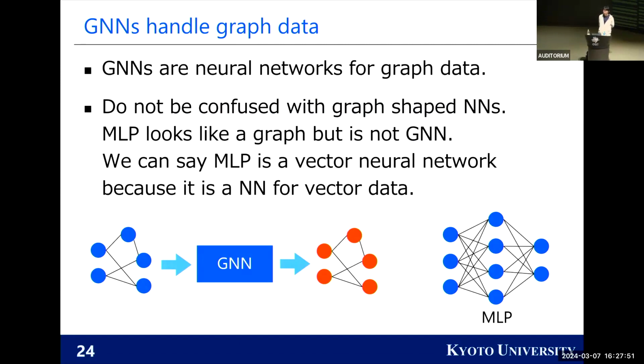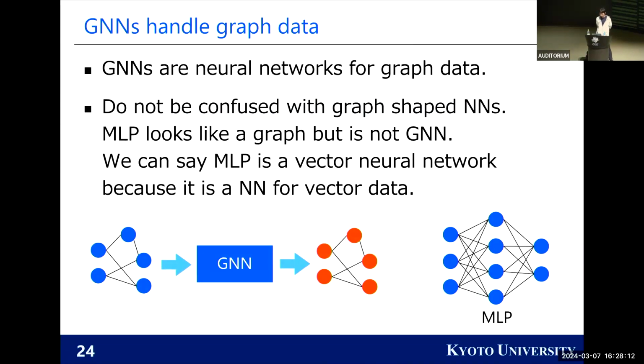MLP, multi-layer perceptron, looks like a graph, as the bottom right figure shows. There are neurons, and neurons are connected by edges, and this is a graph. But MLP is not a graph network because MLP handles vector data. So we can say MLP is a vector neural network, not a graph network.